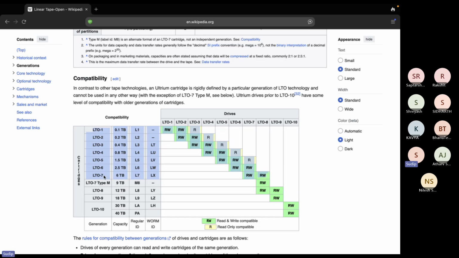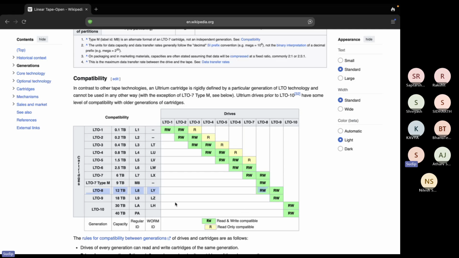So in an LTO7 tape drive, if you insert an LTO5 cartridge, the media, the actual tape, it can't read it. So you need to have a compatible tape drive also. But from LTO7 type M onwards, you see here LTO8 supports 3 generations: LTO8, LTO7 type M, and LTO7.